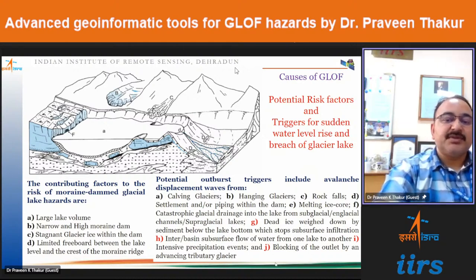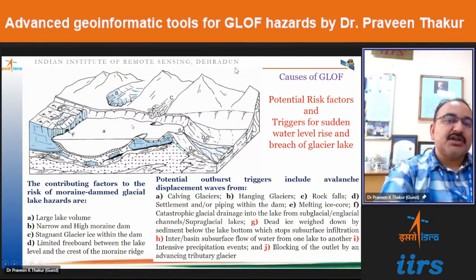And also there is an interbasin subsurface flow. That means two or three supraglacial lakes are forming, and then they are draining a large amount. And then one more example is intensive precipitation, because each glacier will have its catchment area or watershed area.